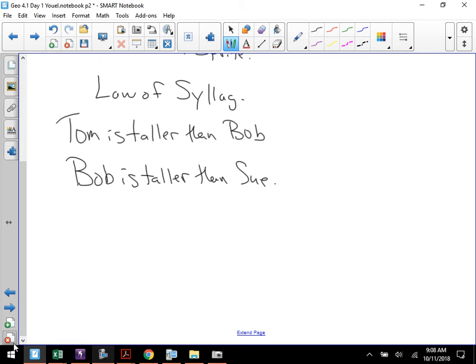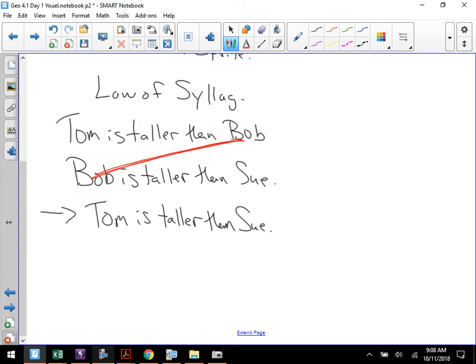Tom is taller than Sue. The law of syllogism, or what we call the transitive property, has that repetitiveness.